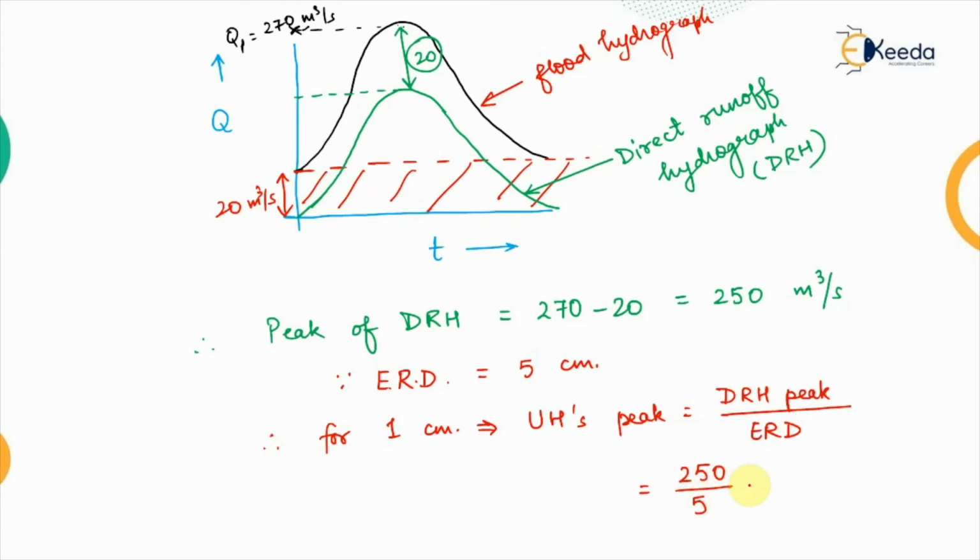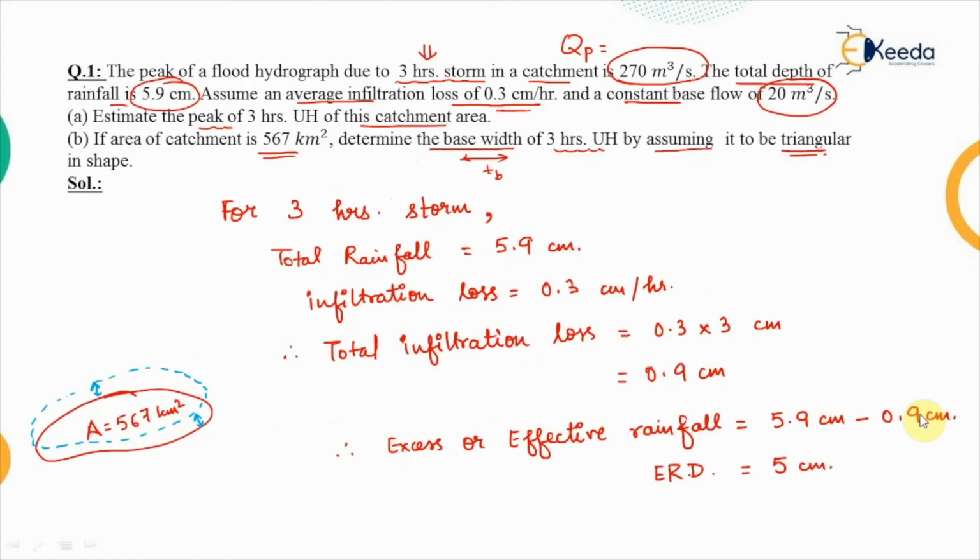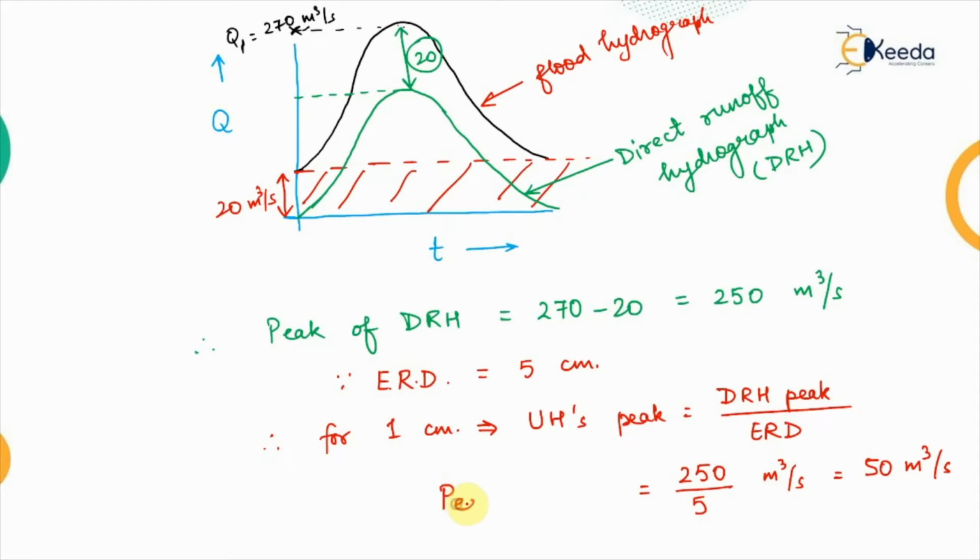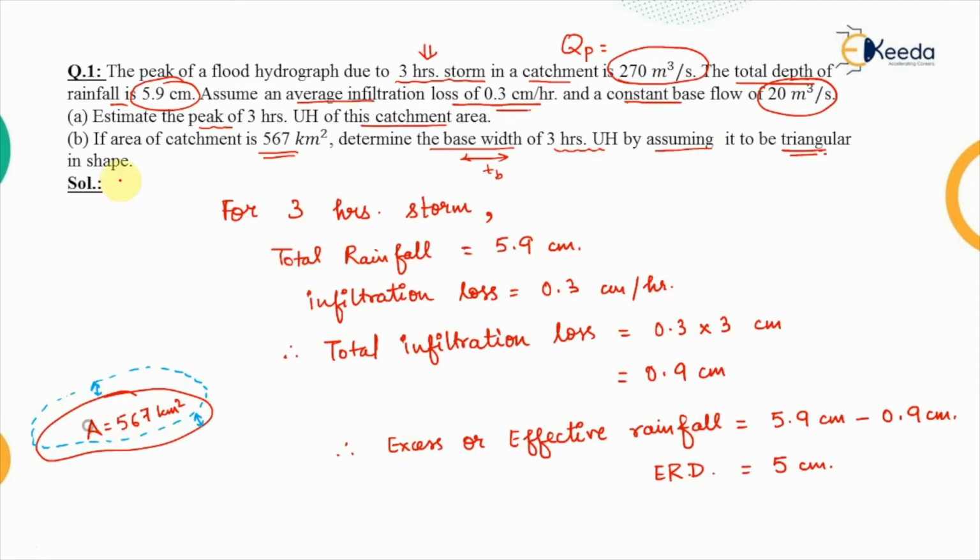For 1 centimeter it has to be divided by 5. So from here we will get the answer as 50 cubic meter per second. That is the calculation of the first step. This is the calculation of the peak of the 3-hour unit hydrograph, and that is equal to 50 cubic meter per second.